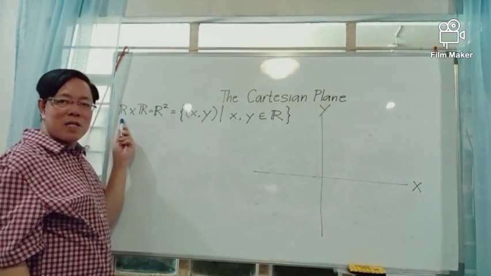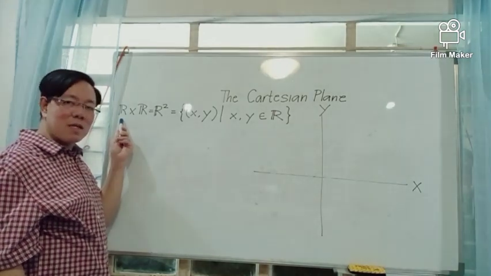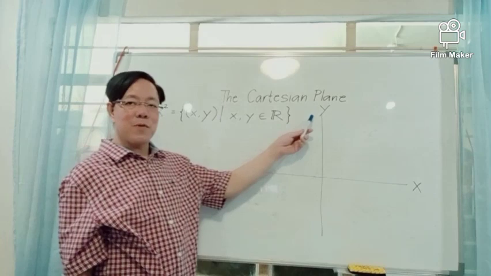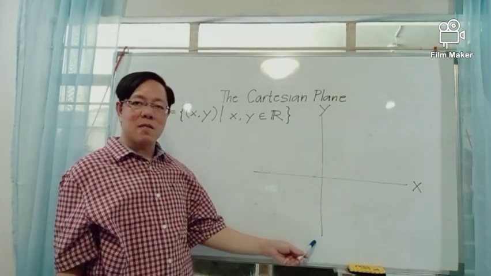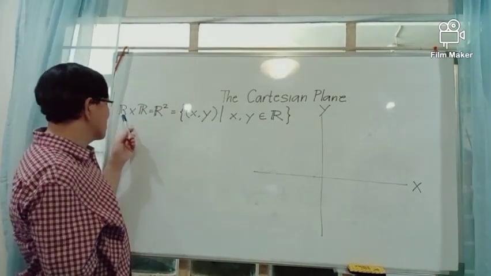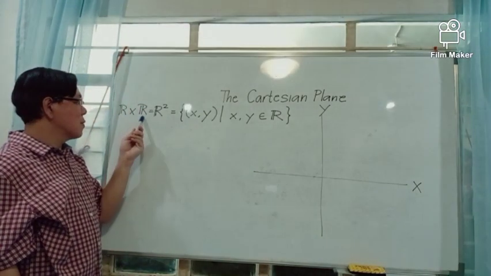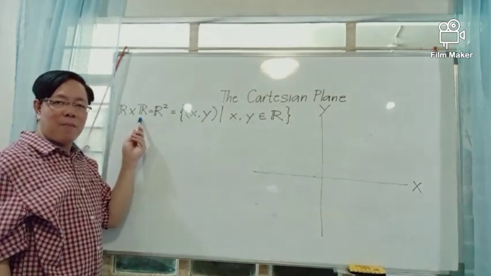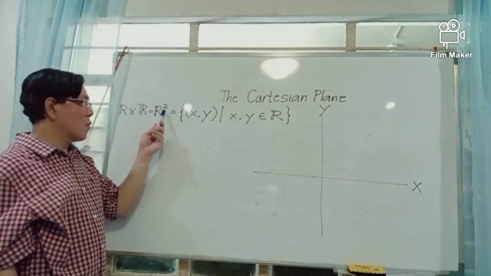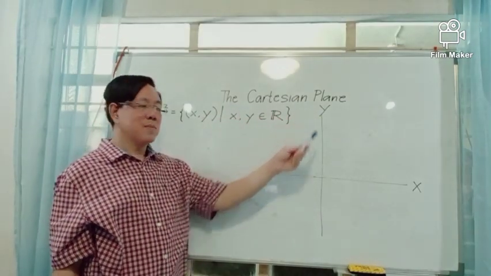R here is the set of real numbers in the horizontal axis denoted by x. The second R here is also the set of real numbers in the vertical axis denoted by y. And the cross product of R with itself is denoted by R to the power 2, and it is the Cartesian plane.